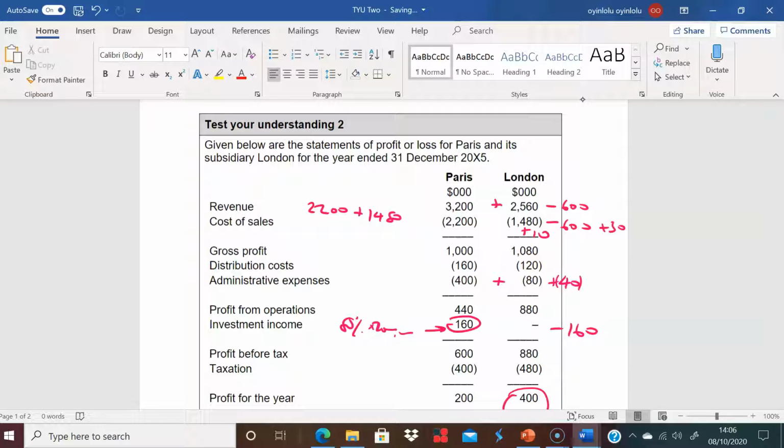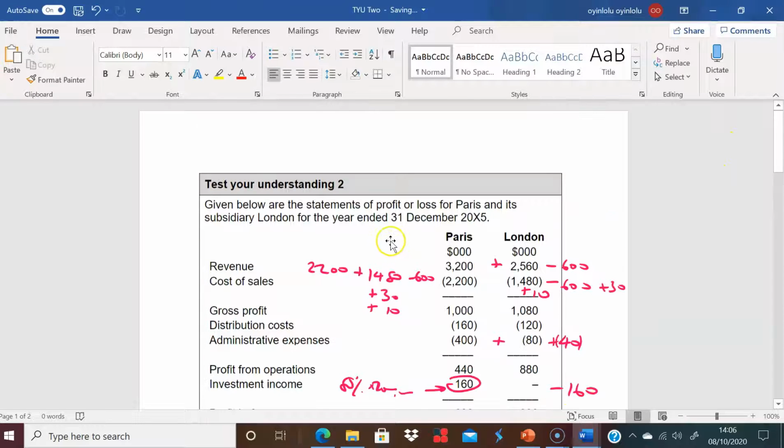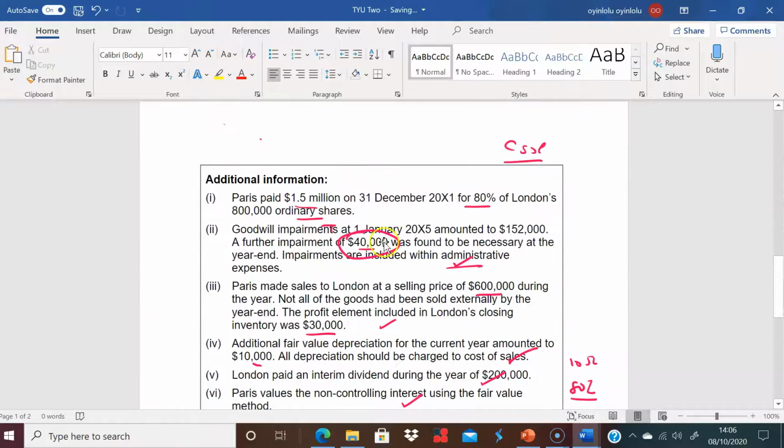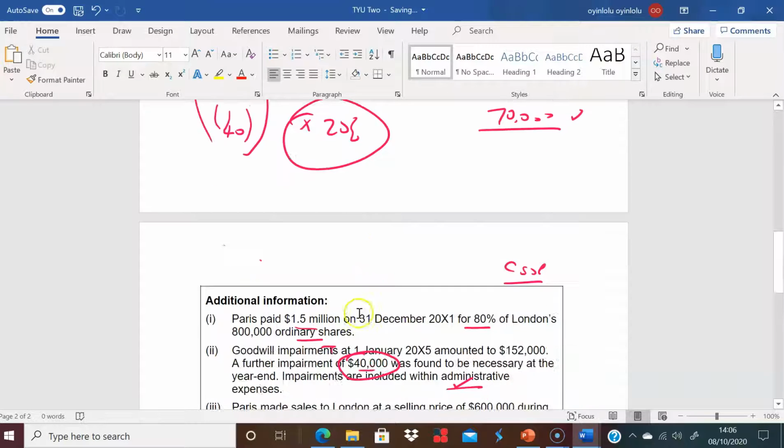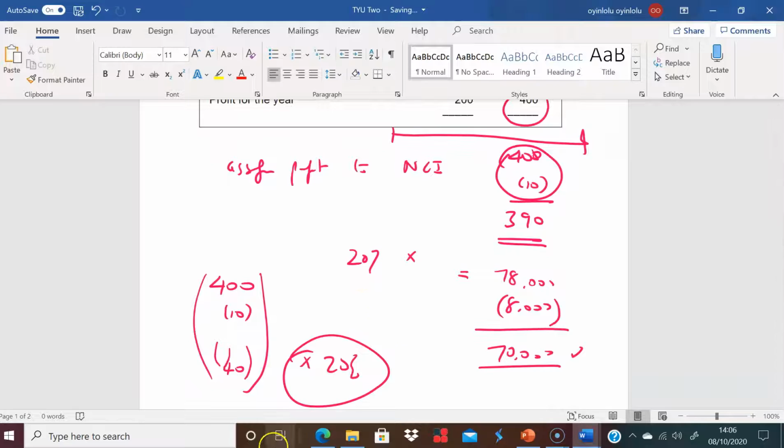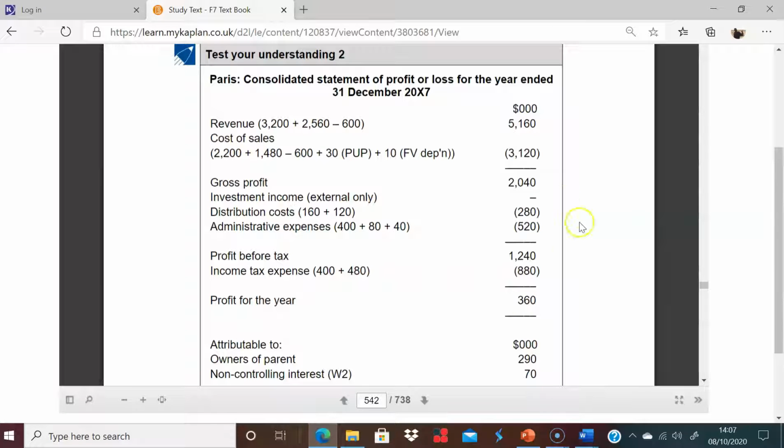I'm increasing my cost of sales, and I'm adding on the 10,000, which was to do with the additional fair value depreciation. So coming here, you can see there it is. This minus the 600 plus 30, which is the PUP, plus the 10.